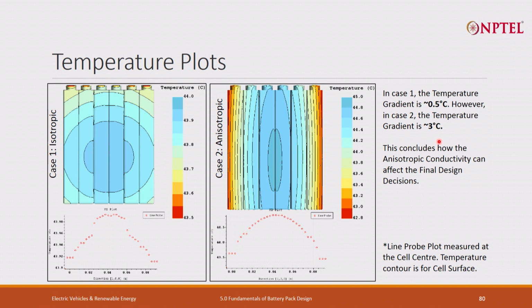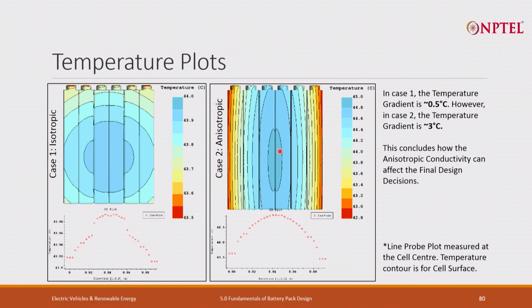It is still within the limit, but this cell will degrade faster than this cell, because this cell is 3 degrees higher in temperature than this cell. And in a battery pack, the weakest cell is what makes the whole battery pack at the same level. That means the whole battery pack would be at the weakest cell level.